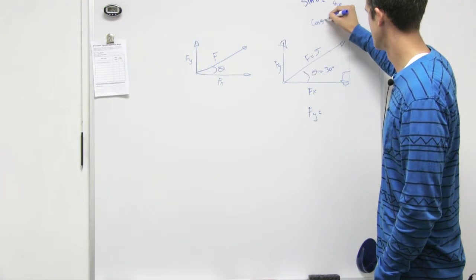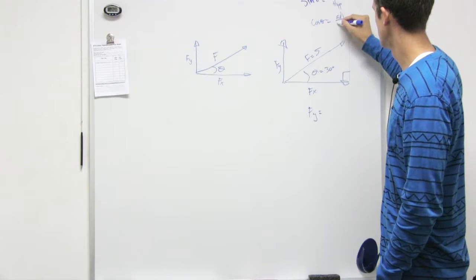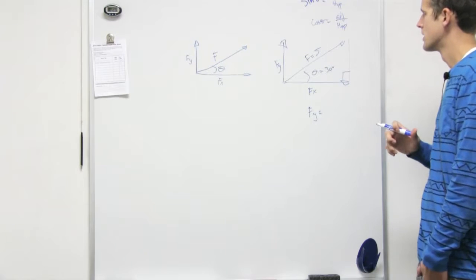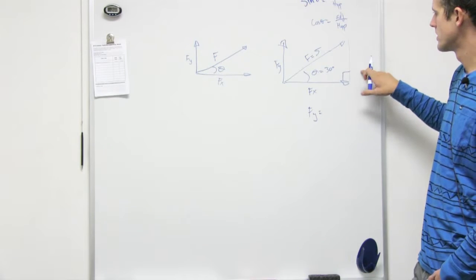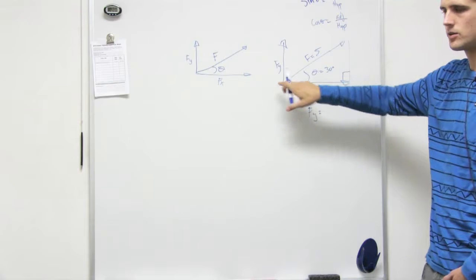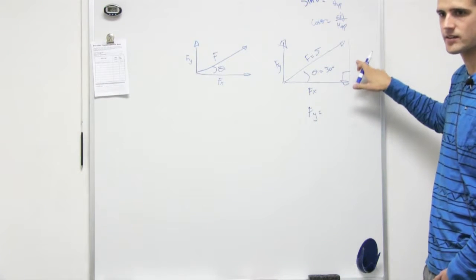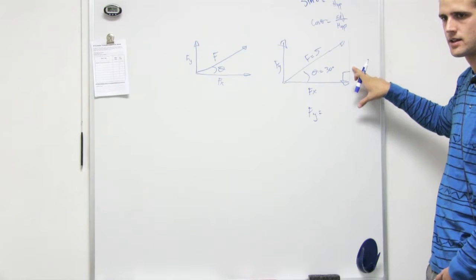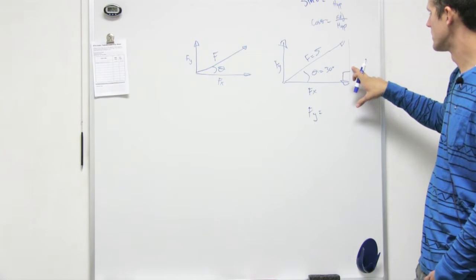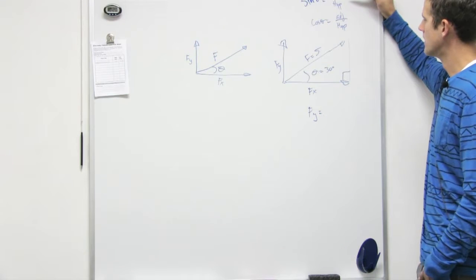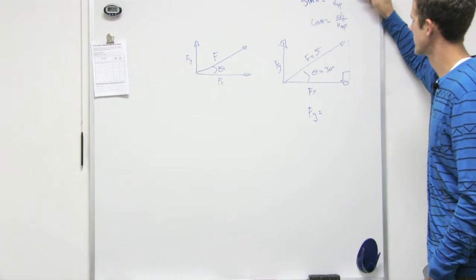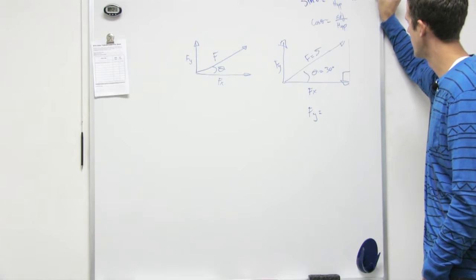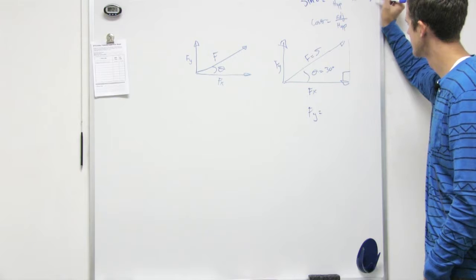Cosine is the adjacent over the hypotenuse. So when we look at Fy, we really want to look out here because that's this leg of our triangle. Which leg is this? That's the opposite. Opposite over hypotenuse, sine. So we can say that sine of theta equals Fy over 5.